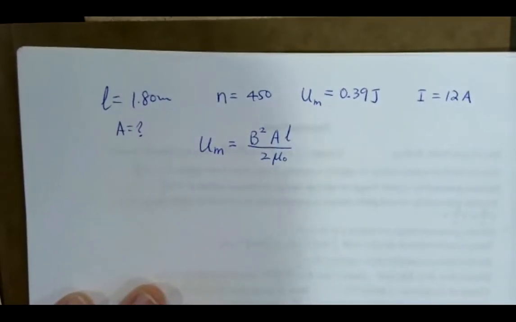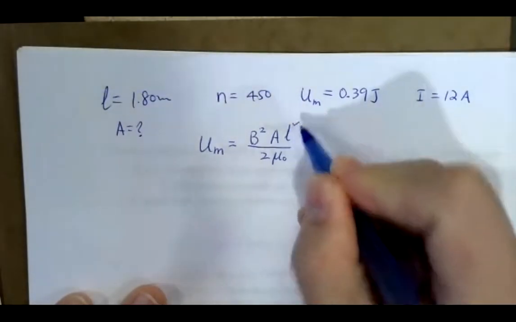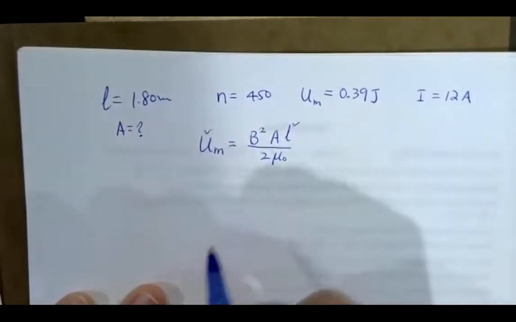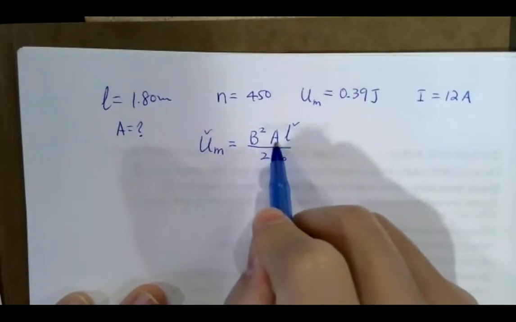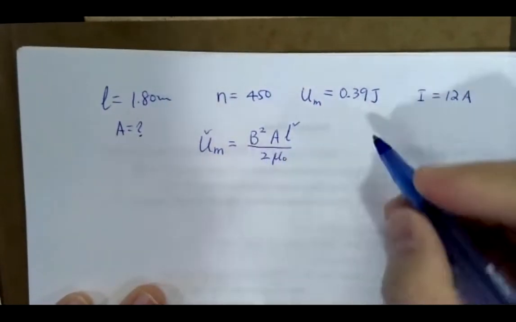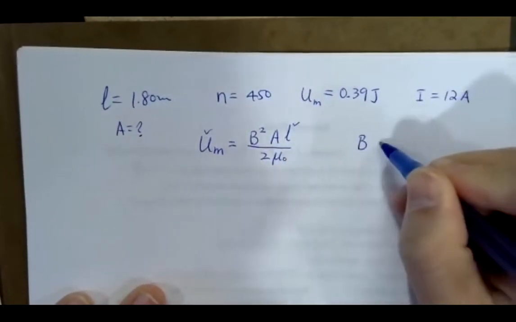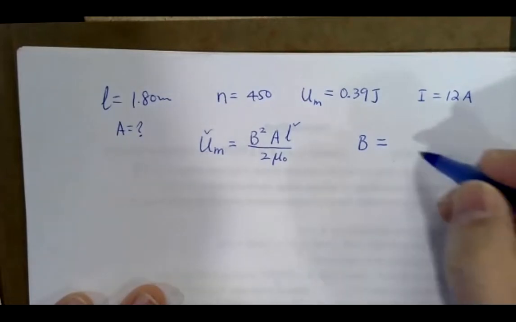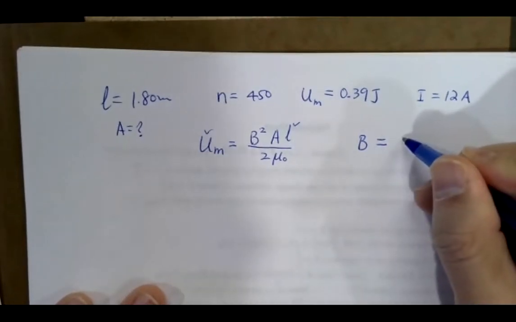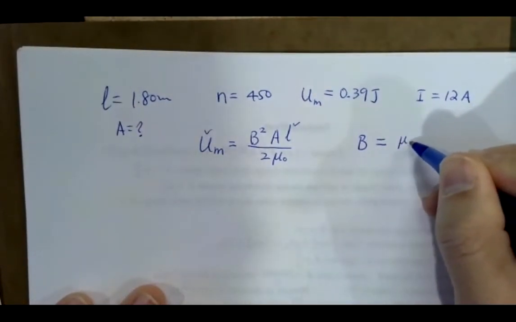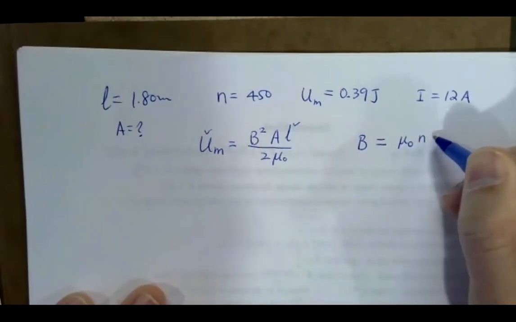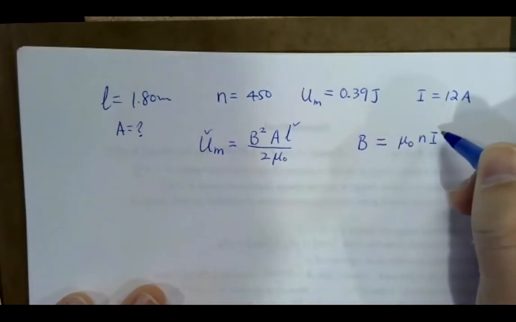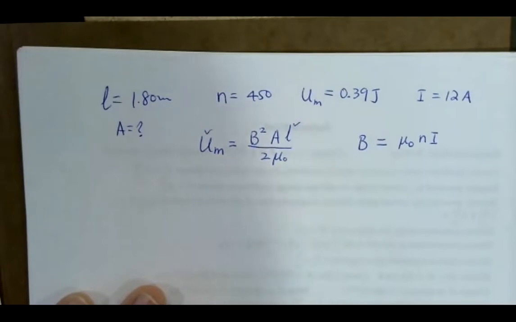So we have the L. Now we have this, and you want to solve for A, so you need to figure out what B is. The B field inside the solenoid, that's also something we learned in the previous chapter, so it's mu naught times N times I.